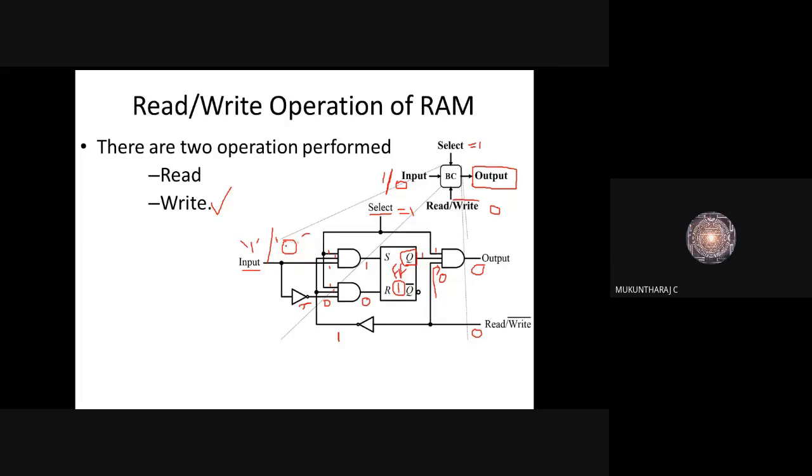Then the other input: if I am going to write logic 0, the input is applied with logic 0. Now this AND gate gets logic 0, and the other AND gate gets logic 1, because this 0 is inverted by this NOT gate and converted into logic 1.